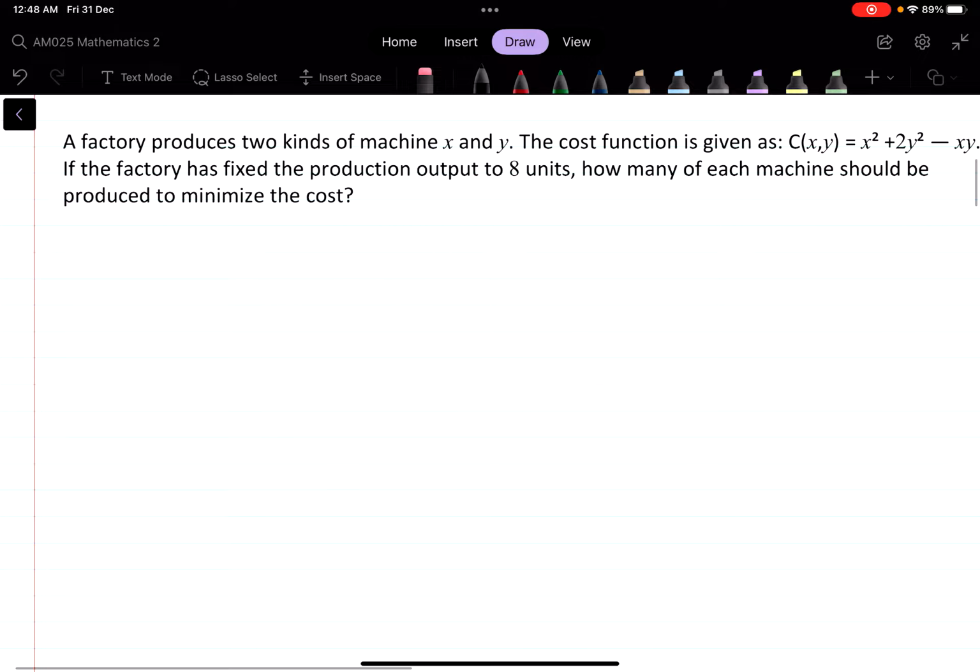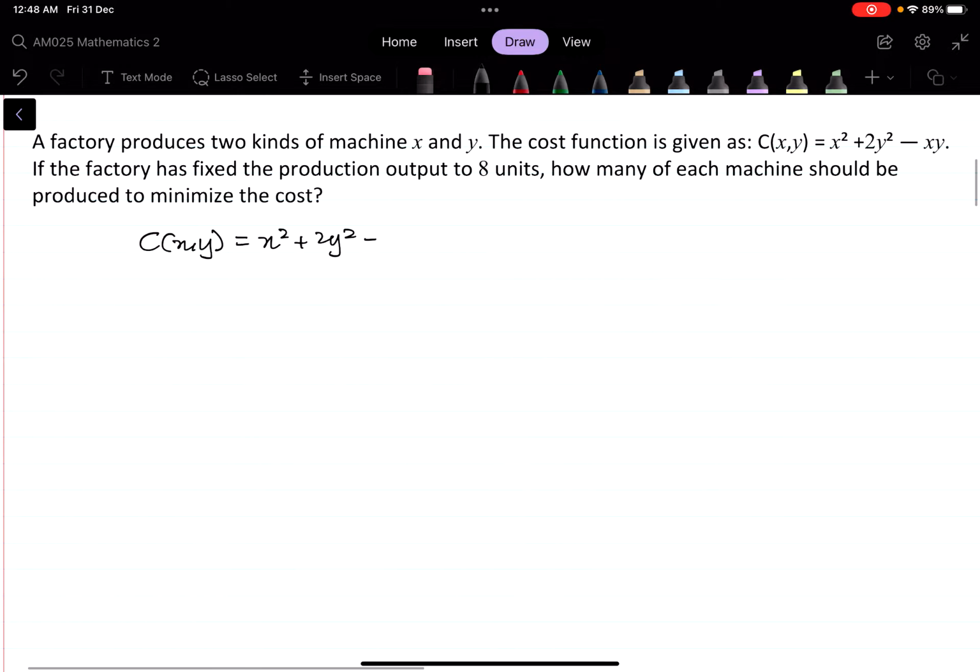C, which is the cost function, equals x squared plus 2y squared minus xy, is subject to the constraint, which is, so from the sentence, if the factory has fixed the production output to 8 units.